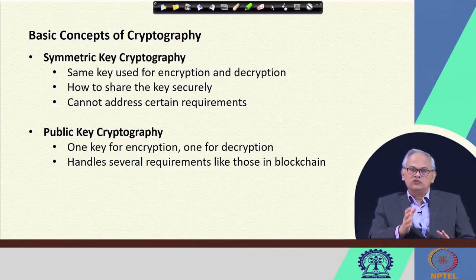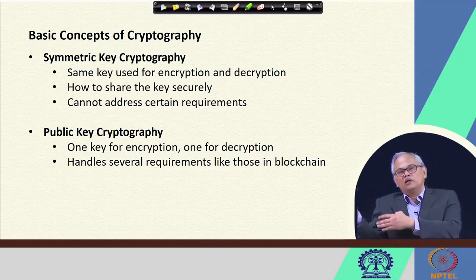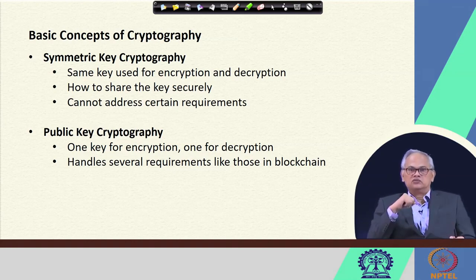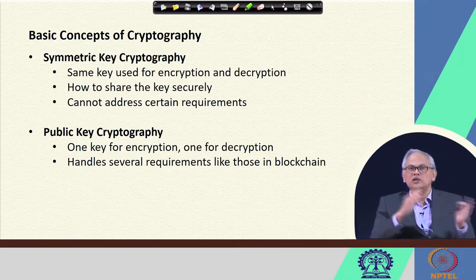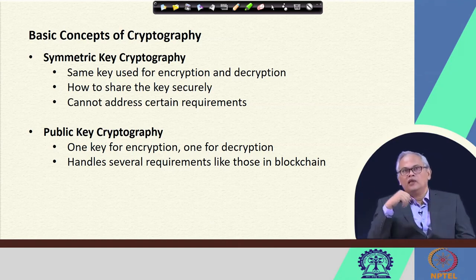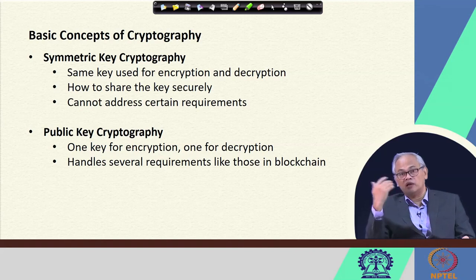Now, how do we generate this cipher text from the plain text, and how do we get back the plain text from the cipher text? These are the two steps which are called encryption and decryption. So, how do I do that? You might wonder, oh, I will use a hash function, and from the plain text I will hash and get some cipher text and transfer that, and the adversary will not be able to get back the plain text from the cipher text.